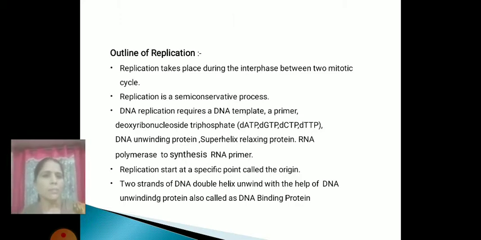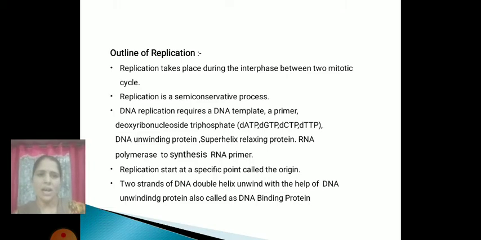Then the process of DNA replication requires a DNA template, a primer, deoxyribose nucleoside triphosphates, that is dATP, dCTP, dTTP and dGTP. It also requires DNA unwinding protein, superhelix relaxing protein, and RNA polymerase to synthesize the RNA primer.